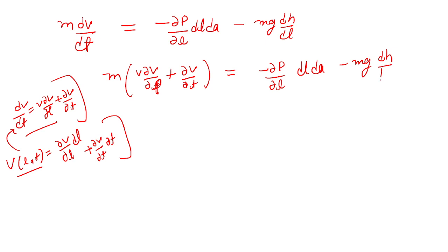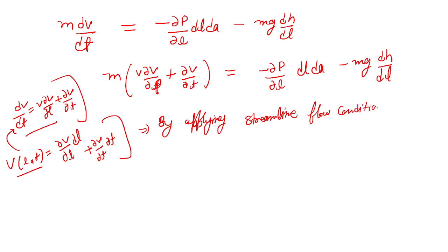Now we will apply the streamline flow condition. What is the meaning of the streamline flow condition? It means that ∂V over ∂T, the rate of change of the velocity with respect to time, will be 0.